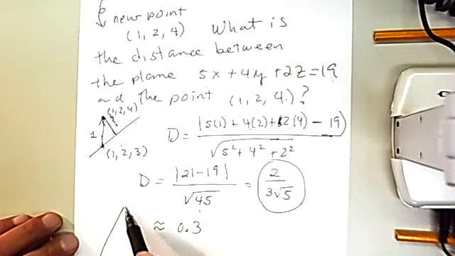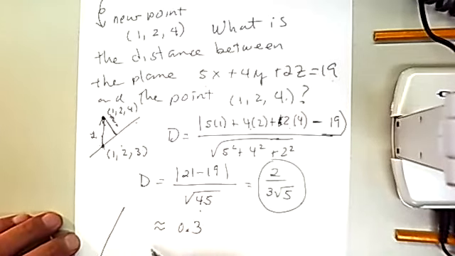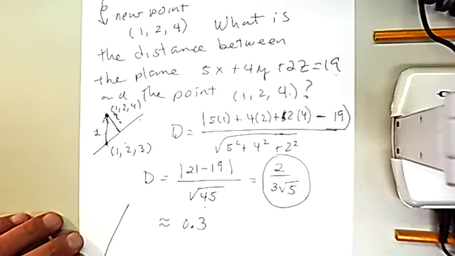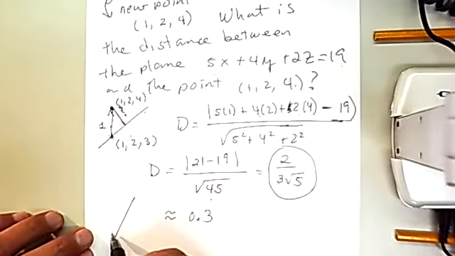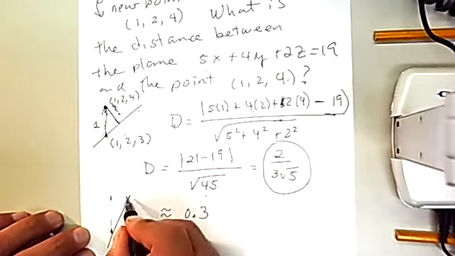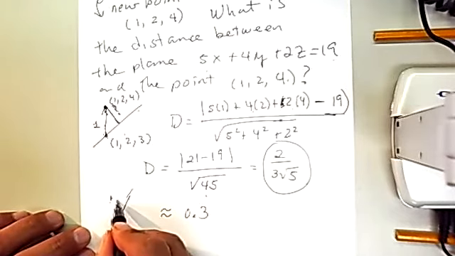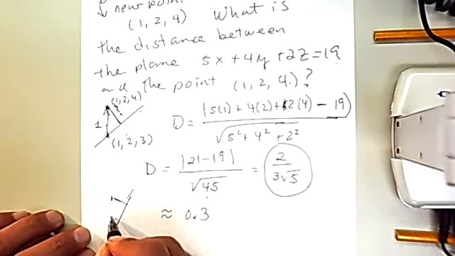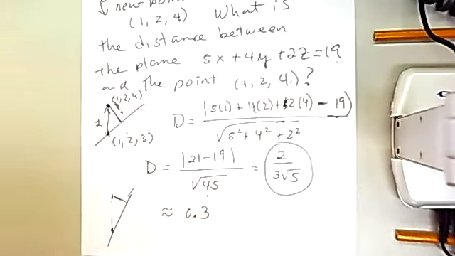It has a steeper slope with respect to the horizontal, because when we move 1 unit up, the corresponding distance here is going to be only a third of that. Actually, it's probably even more steep than that. The plane is quite steep. Yeah, 0.3 is small compared to 1 unit.